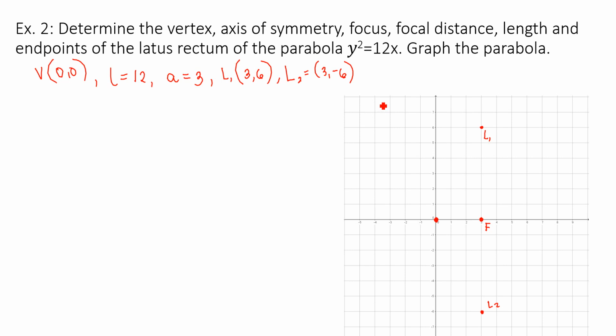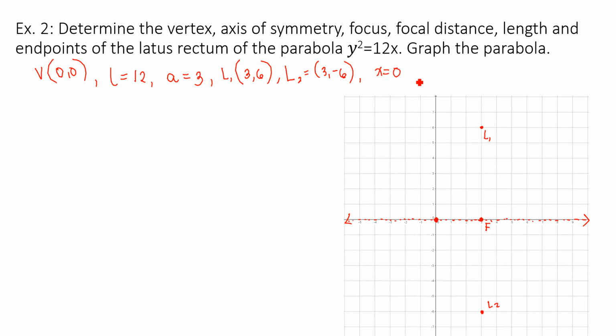By the way, as we can see here, the axis of symmetry is this line. It passes through the center, the focal point, and the vertex. So that line is our axis of symmetry, which here is x equals 0.